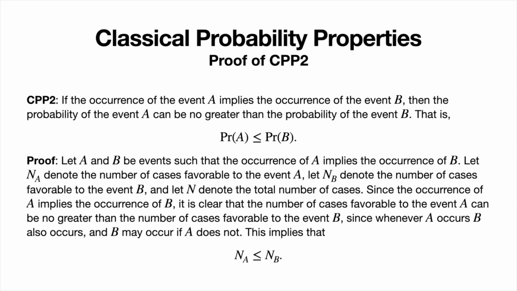Since the occurrence of A implies the occurrence of B, it's clear that the number of cases favorable to the event A can be no greater than the number of cases favorable to the event B, since whenever A occurs, B also occurs, and B may occur if A does not. And so this implies that N sub A is less than or equal to N sub B.